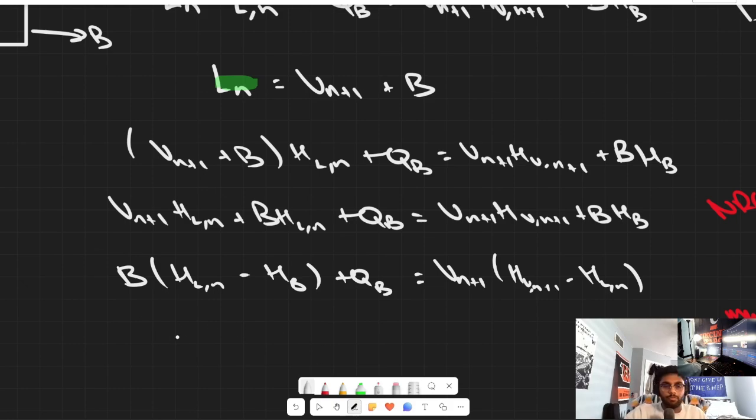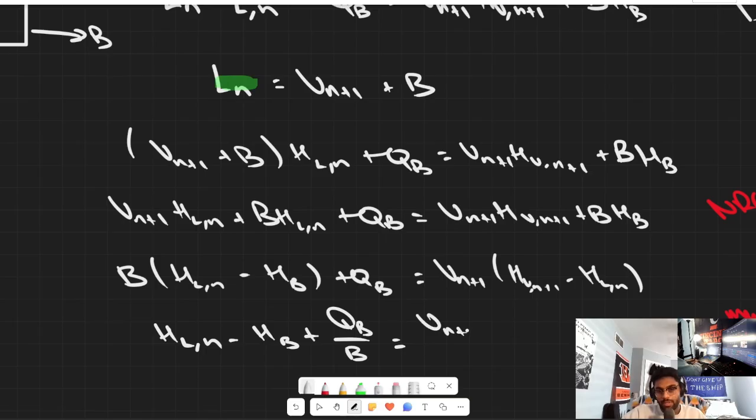I'm going to divide everything by B. So now we have HLN minus HB plus QB over B equals Vn plus 1 over B times HVn plus 1 minus HLN.